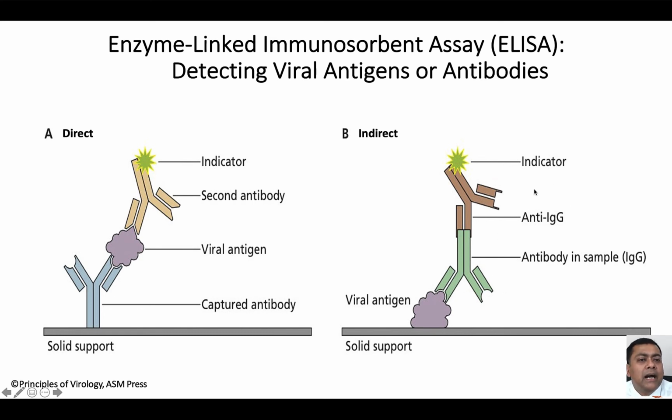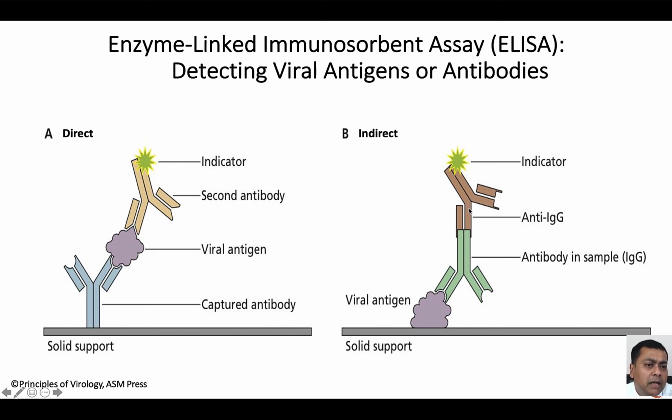Then you add a secondary antibody, and this secondary antibody is the anti-immunoglobulin G, IgG antibody. And remember that the primary antibody is the human antibody, whereas the anti-IgG is usually raised against this in, say, a goat or a llama, large animals, or even in mouse or rats.